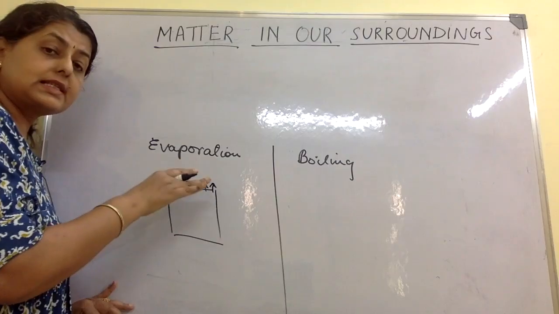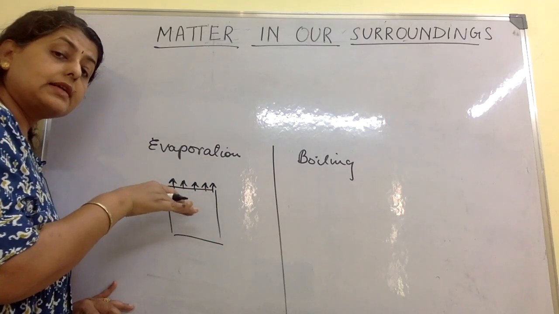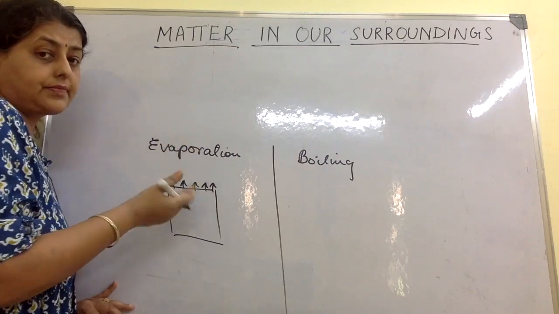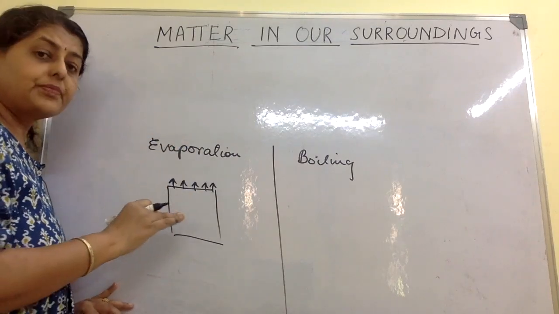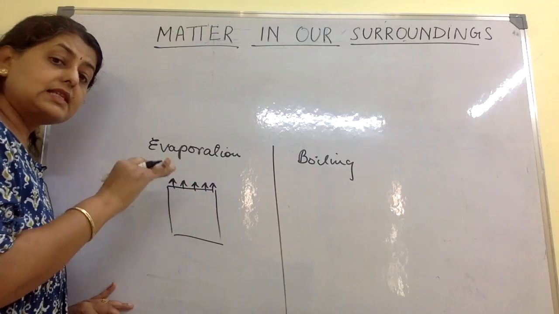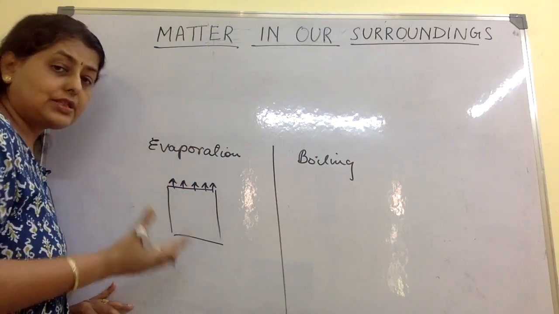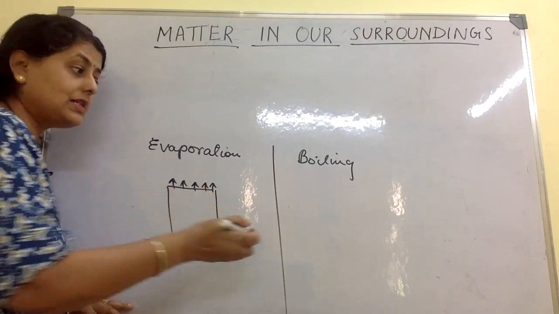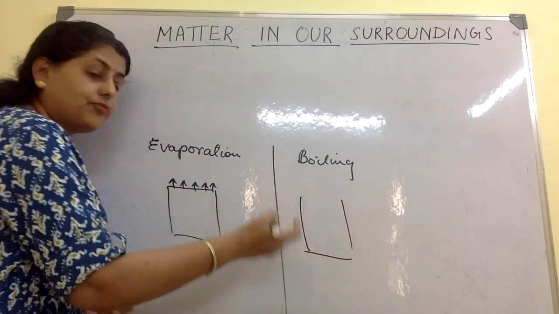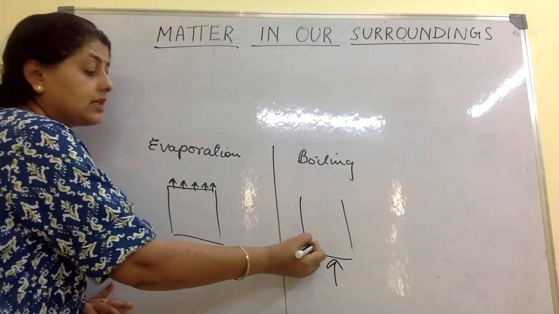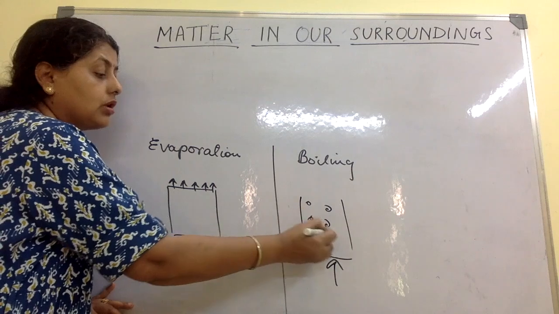Now the next layer again gets heat and it gets enough kinetic energy to move out of the water as vapor. Like this, one by one different layers of water keep moving out. That is called evaporation. Whereas in boiling, we keep a beaker full of water and start heating it on a stove, and we see that if it is made out of glass, there are bubbles all through it.